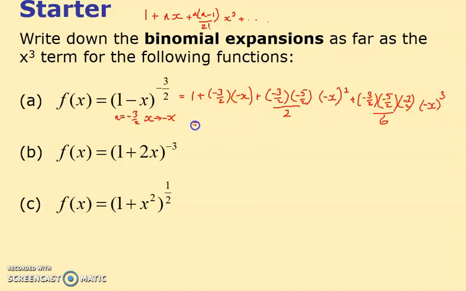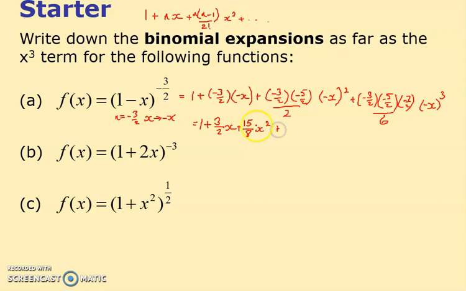So if I work this out, I get 1 plus 3 over 2 x, that one's easy to do. This is 15 over 8, and it becomes a positive. I think there's actually four negative signs there. So 15 over 8 x squared.